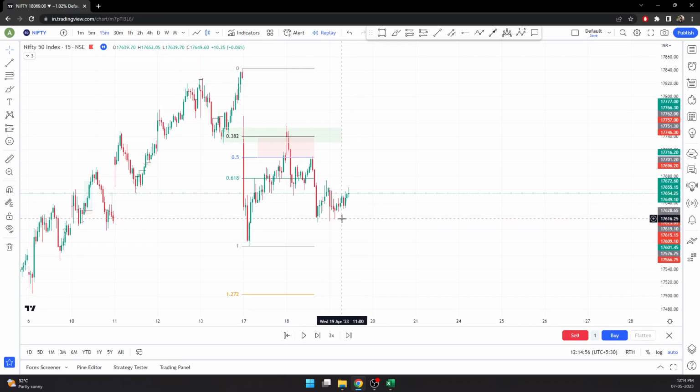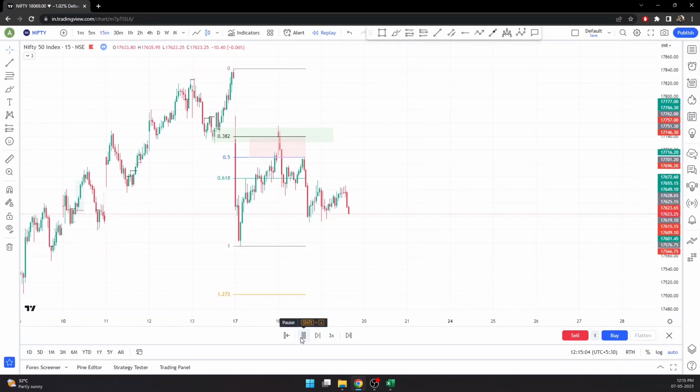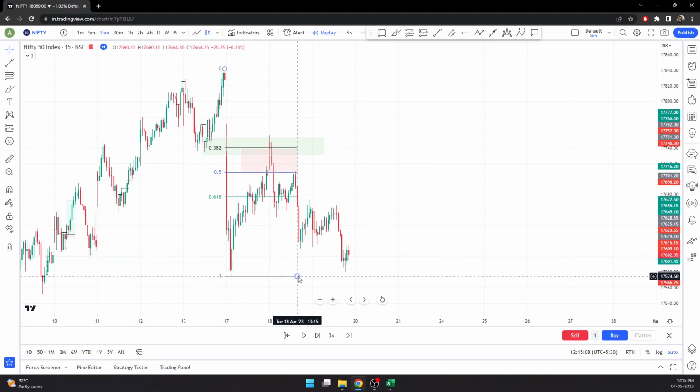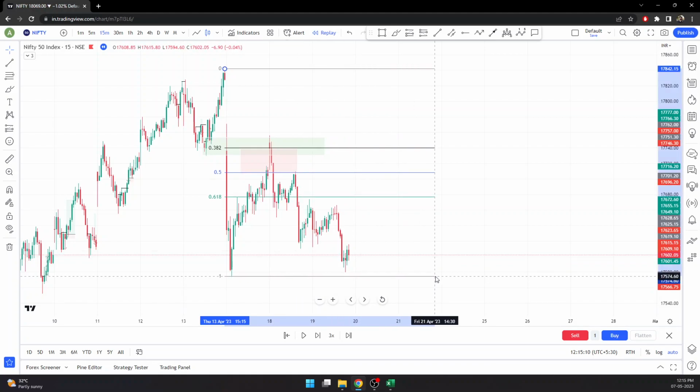It should have been broken down and at least touched these levels, right? It did not. Yes, it has come down almost to these lows.